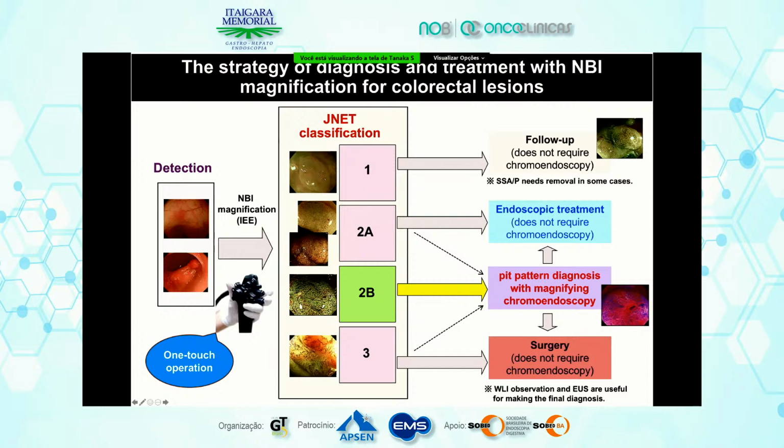But as for type 2B, this typing contains various types of lesion from adenoma to SM deep invasive carcinoma. We cannot select an adequate treatment method only by NBI magnification. So for type 2B lesions, it is necessary to do pit pattern diagnosis with crystal violet staining.